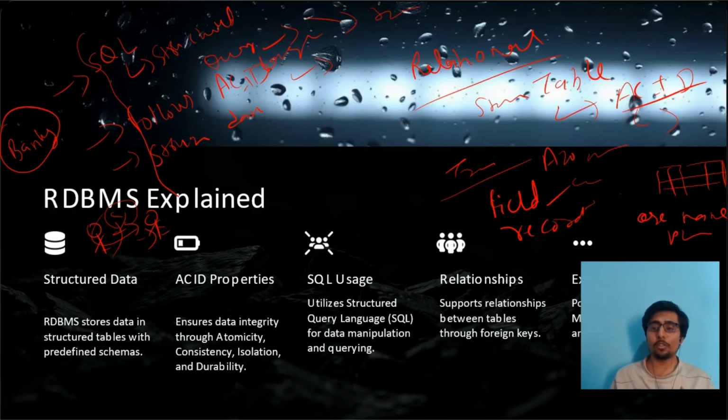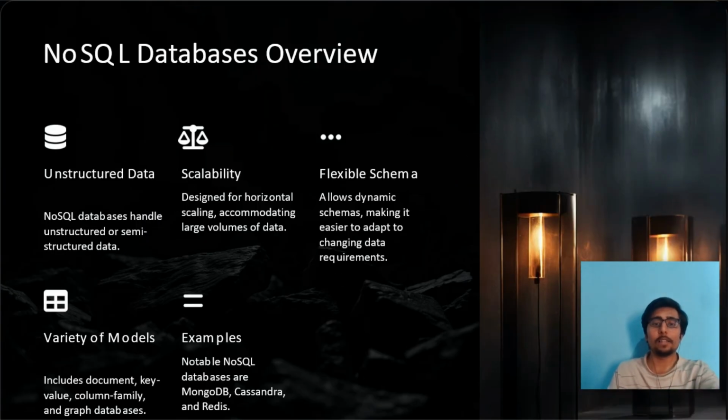But what about applications that need extra scalability and speed? That's where NoSQL comes in, especially if the data is not structured. So now let's deep dive a little bit into NoSQL as well.